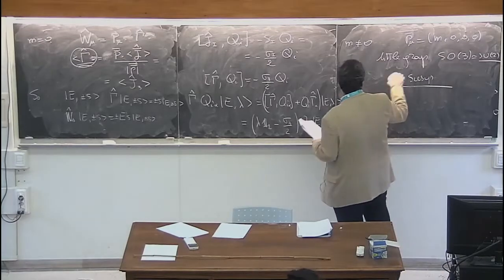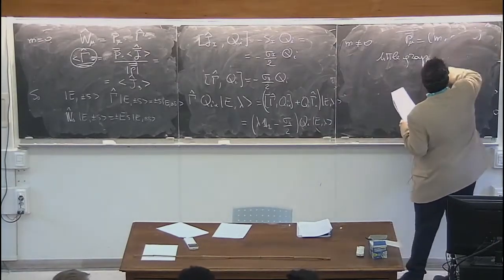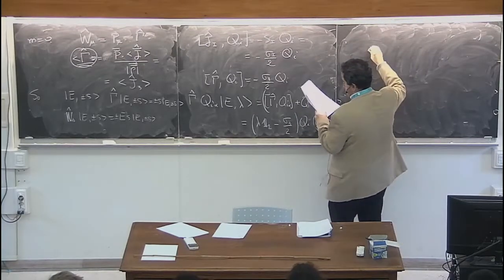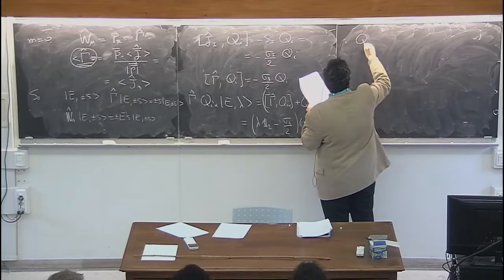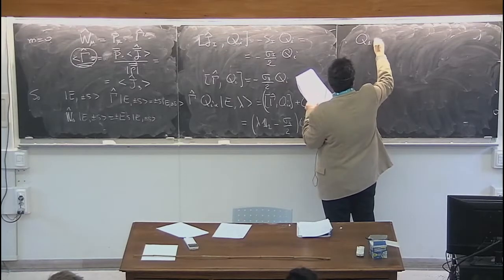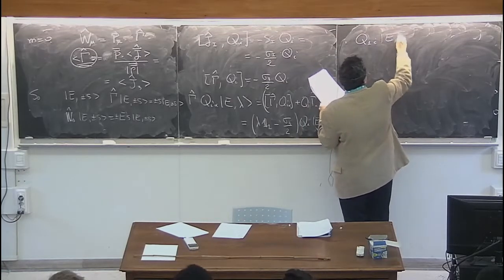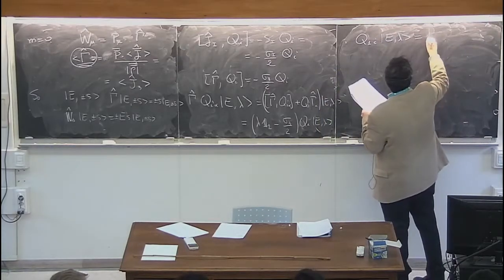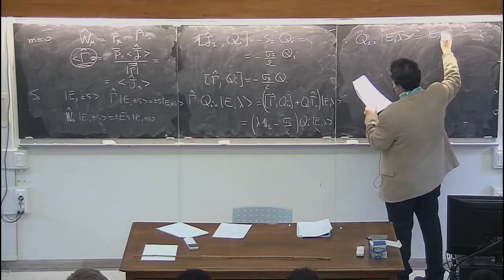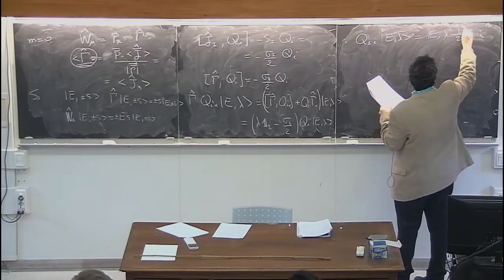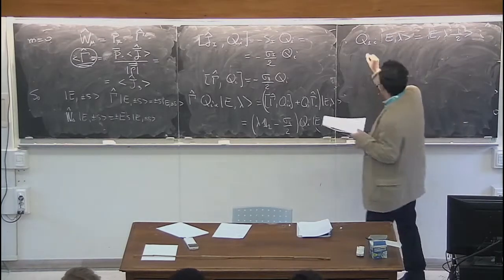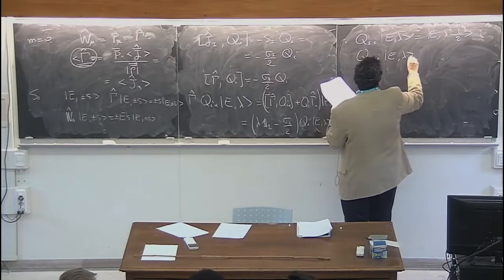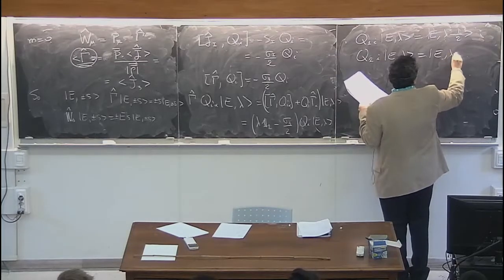And what does this mean? Well, it means that, modulo a normalization factor, Q1_i on E lambda gives us E lambda minus 1/2. Q2_i on E lambda gives us E lambda plus 1/2.